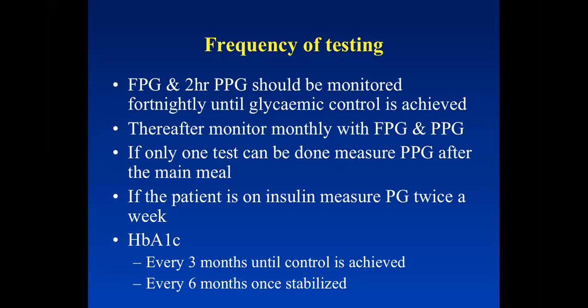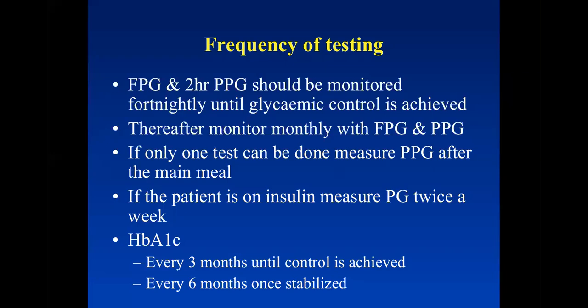Ideally, once you start the patient on drugs, it should be done fortnightly, fasting and/or postprandial, until you achieve the desired glycemic control. After that, once you achieve the desired control, you can monitor monthly, either with fasting plasma glucose or postprandial glucose.